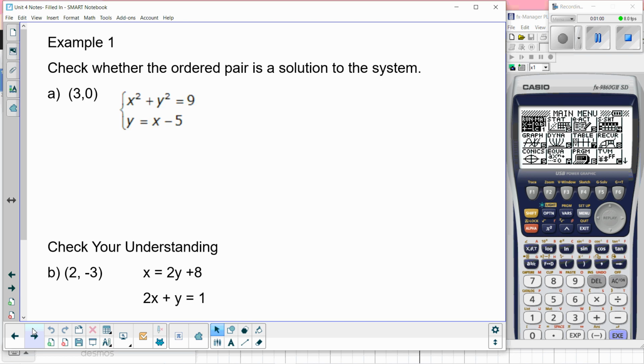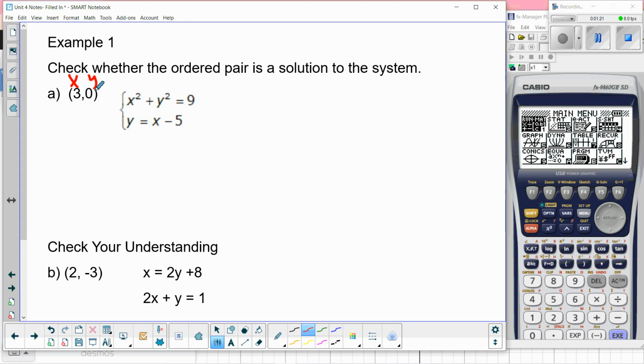So before we start graphing, first we're just going to check, is an ordered pair a solution to a system? To do that, you want to make sure that you can keep track of your x and your y. Whenever we plug in an x and a y, we want to use parentheses.